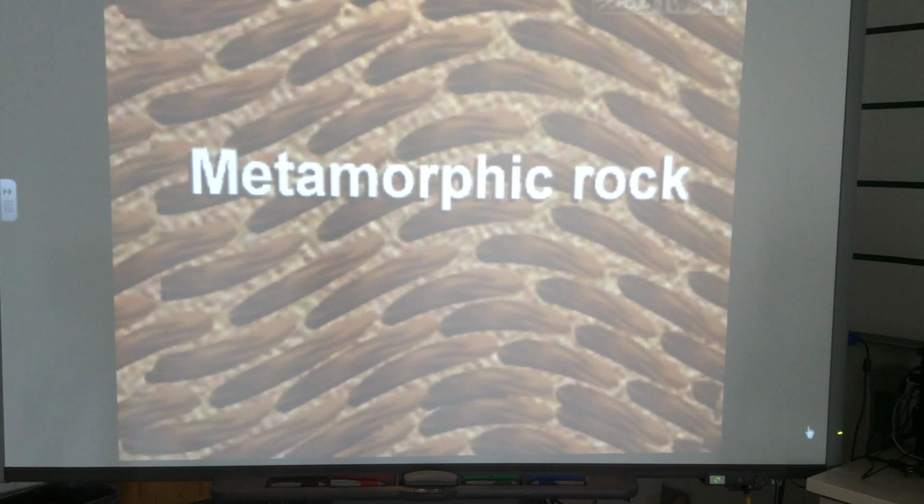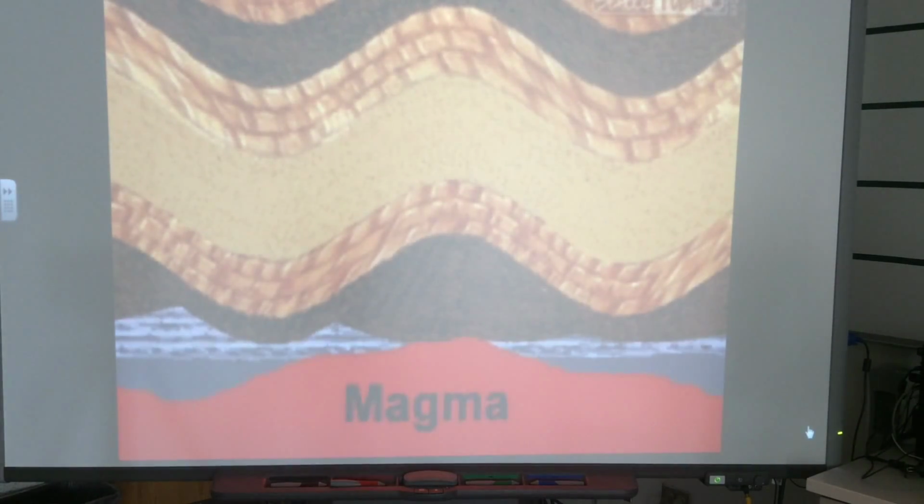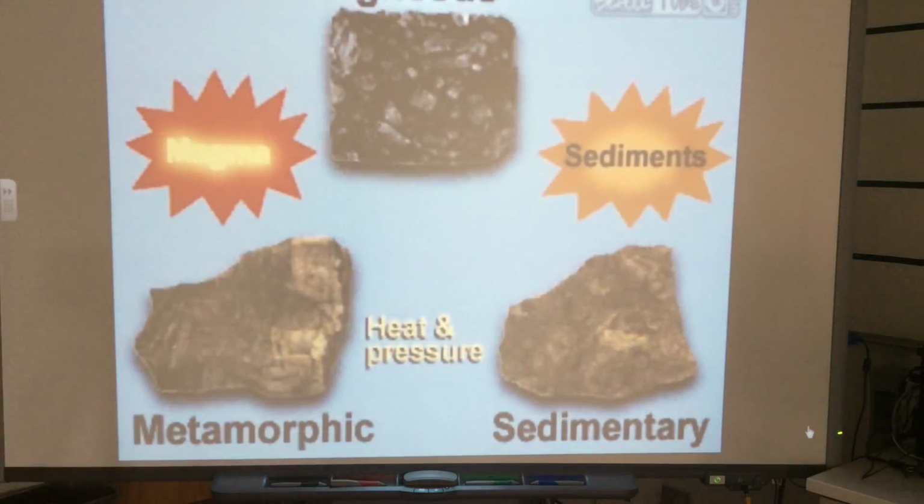Observe how the forces acting on the rock have aligned the grains, creating banding patterns. Over time, the metamorphic rock may be pushed deeper into Earth's interior, where it melts and once again becomes magma. This is only one possible pathway through the rock cycle. Given the right conditions, any rock can be transformed into any other kind of rock through the dynamic processes of the rock cycle.